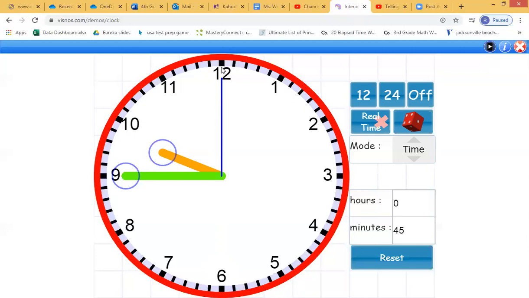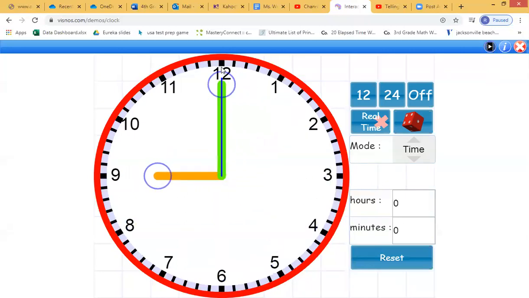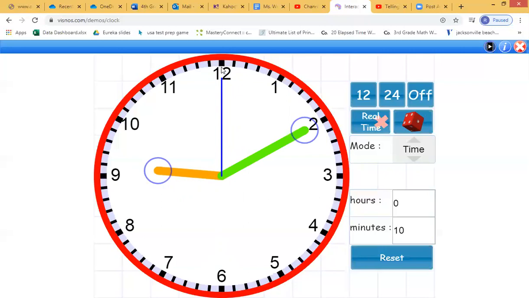So let's start at 12 and let's count. I know it's going to be 9 something. So if I pull the hand back, then that would be 9 o'clock. Then that would be 9:05. Next would be 9:10. Next would be 9:15.